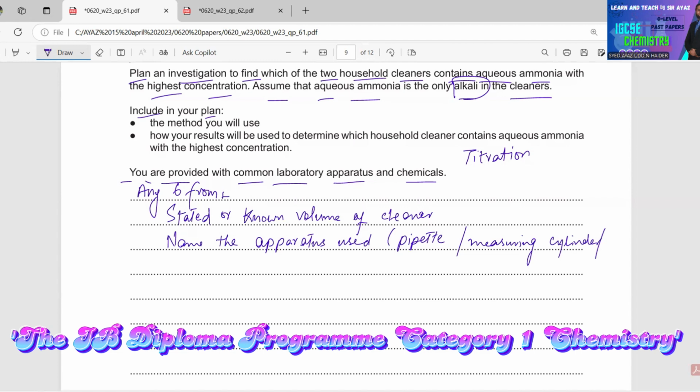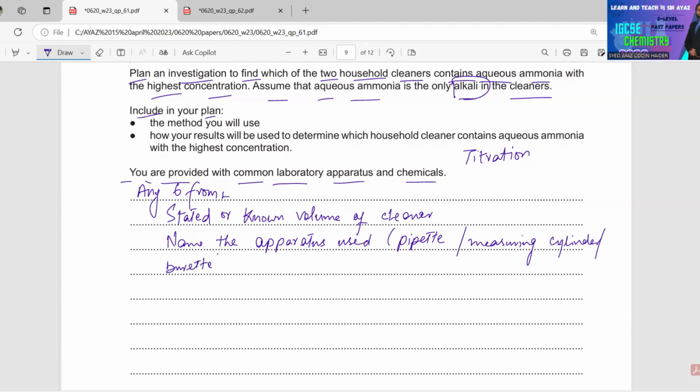And for the acid, you will take acid and burette. So I'll write burette here. Now you have to use some kind of indicator. Name the indicator you are using in this experiment. Use like phenolphthalein or methyl orange.